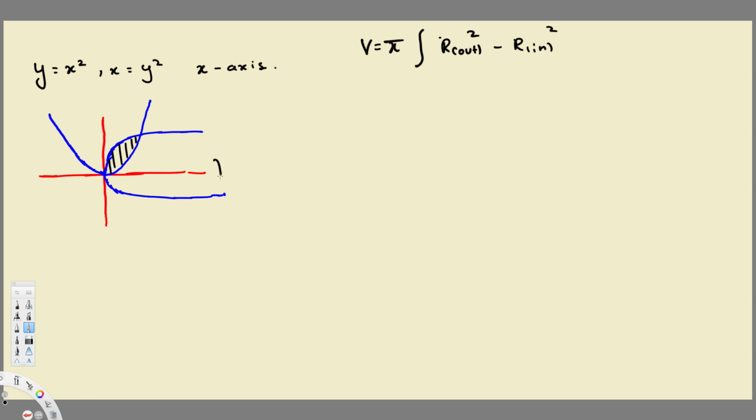Here this is rotating around the x-axis, so this would be dx, from a to b. And r out is basically, if you draw a line like this, wherever the line touches last, that's going to be the outer radius, and wherever the line touches inside first, that's going to be the inner radius. So this is r out.